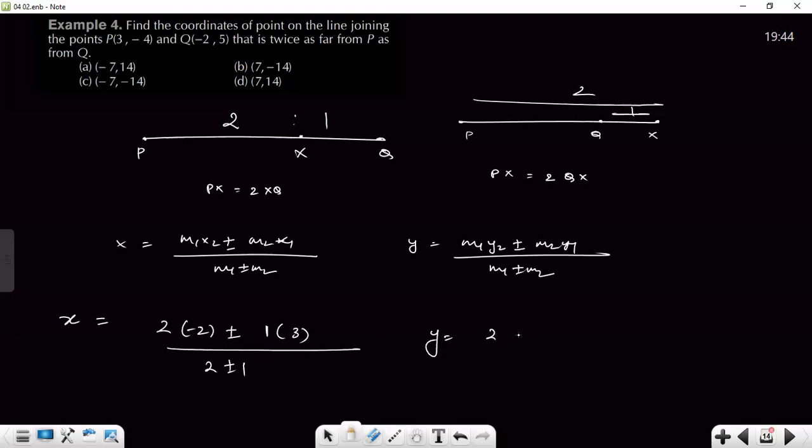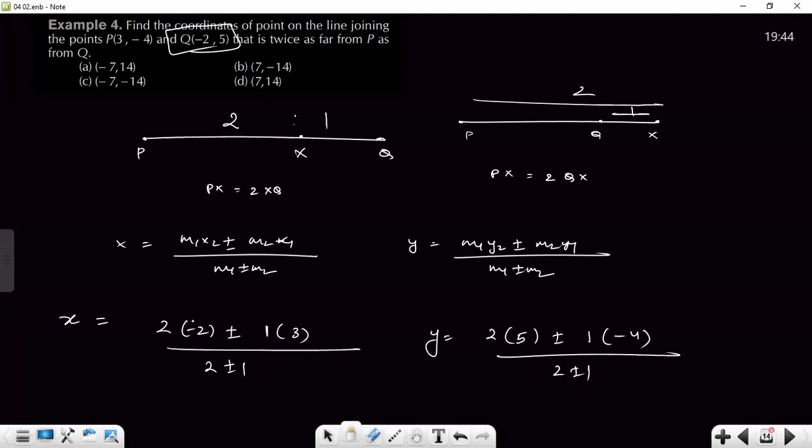For y, m1 is 2 only, y2 is 5. This is the second point now. So y2 is 5 plus minus m2, which is 1, into y1, which is minus 5, divided by 2 plus minus 1.